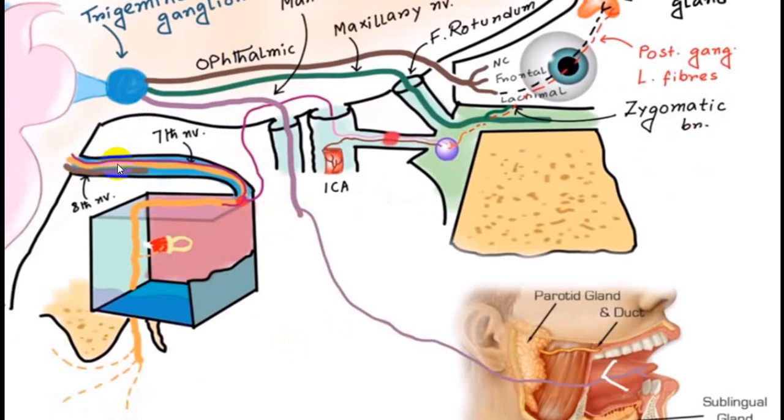It runs anteriorly, and this is the eighth cranial nerve. And at the end of this facial canal, it will bend, and that is called the geniculate ganglion. And then it runs posteriorly and laterally, and it will come out through the stylomastoid foramen.